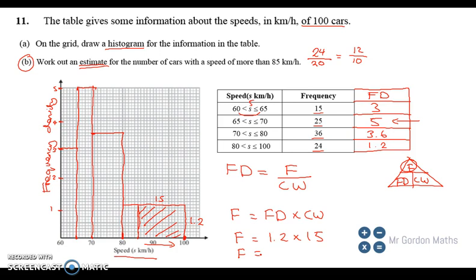And 0.2 times 15 is like 20% of 15. 10% is 1.5, so 20% of 15 is 3. So that's the 0.2. So we get 15, times by 1, plus the 3, which is the 0.2. Sorry, my board's playing up. So that would be 18 overall. So 18 cars.